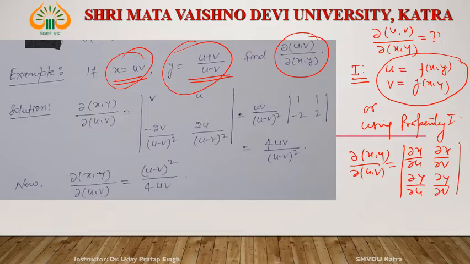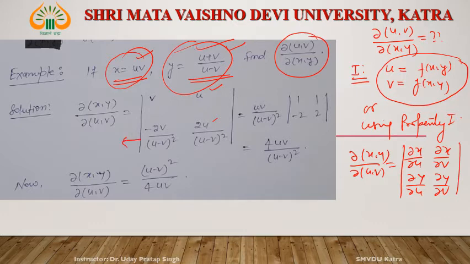What is ∂x/∂u? v. From this, ∂x/∂v is u. ∂y/∂u, differentiating partially with respect to u, is −2v/(u−v)², and with respect to v, ∂y/∂v is 2u/(u−v)², right?